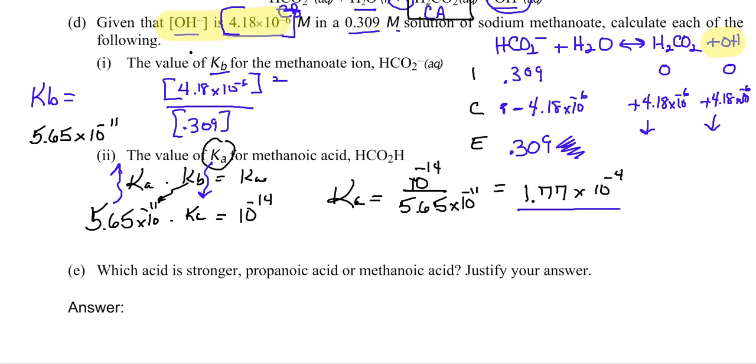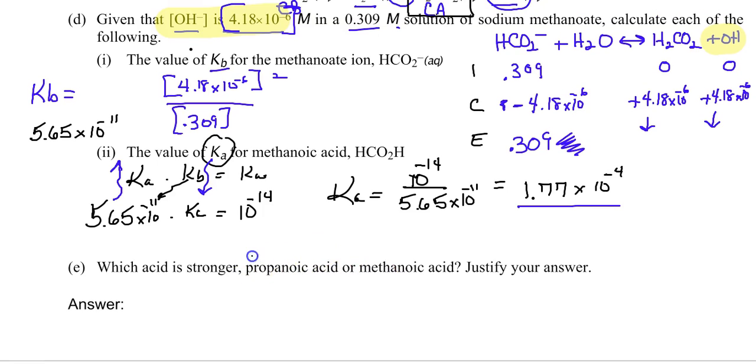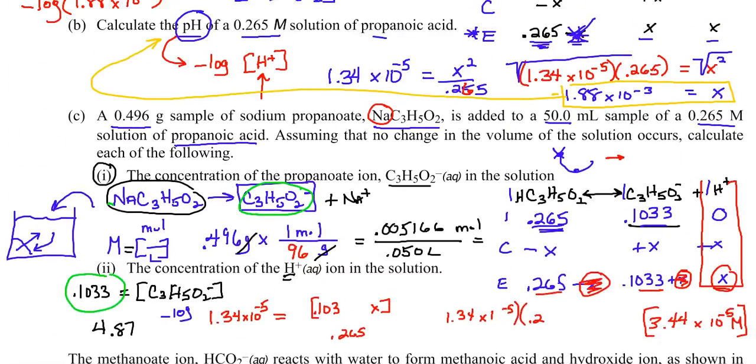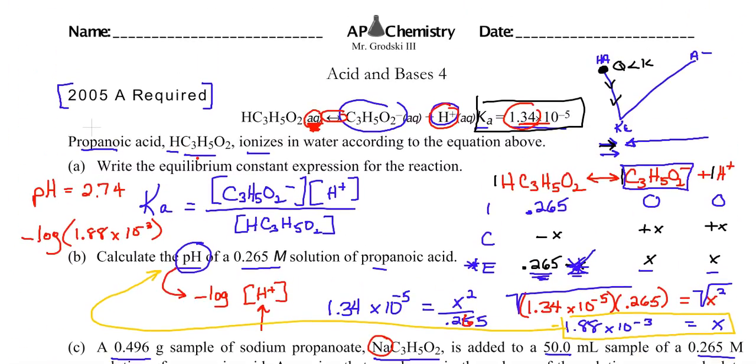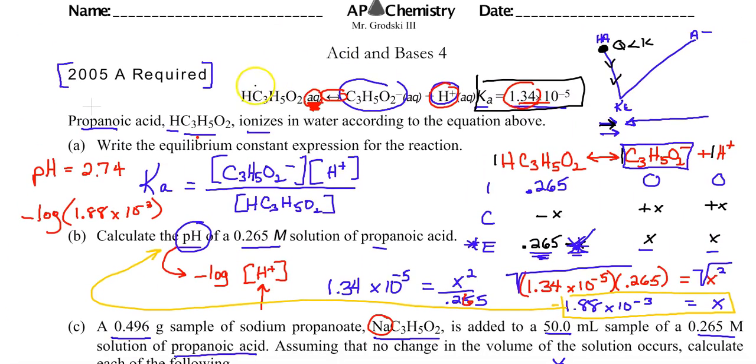We're done here. Which acid is stronger, propanoic acid or methanoic acid? All right, well, propanoic acid is this guy right here. Methanoic acid would be with 1 carbon, all right.